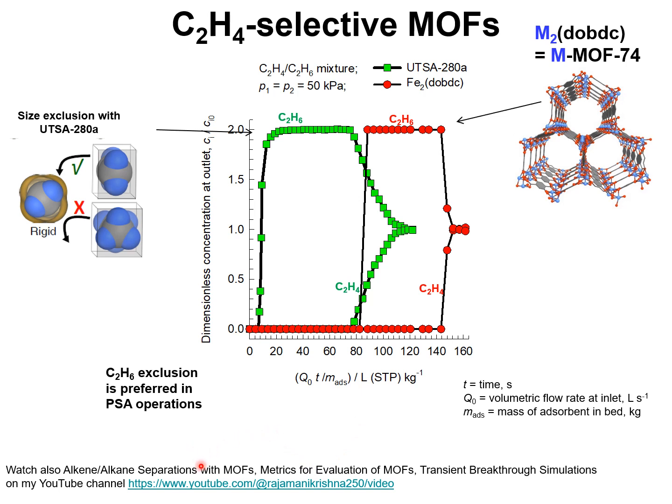In PSA separations to produce purified ethene, it is preferred to have MOFs that are not only selective to ethene, but ethane is completely excluded from the pores. And I will explain this in the next slide.